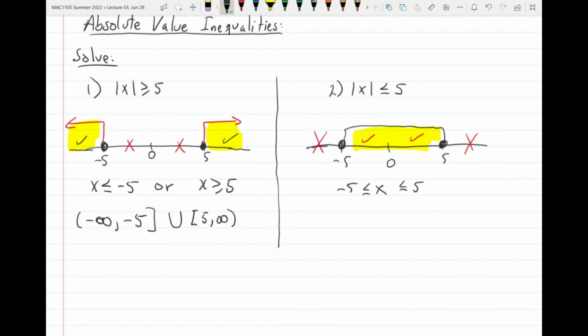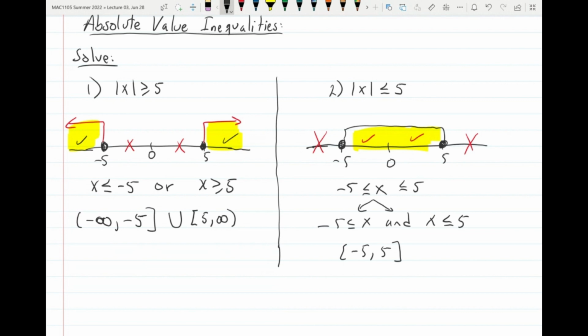This is an AND type inequality. Is that clear? So remember, there are 2 statements here. This means -5 is less than or equal to x, and x is less than or equal to 5. And if we write it in interval notation, that would be -5.